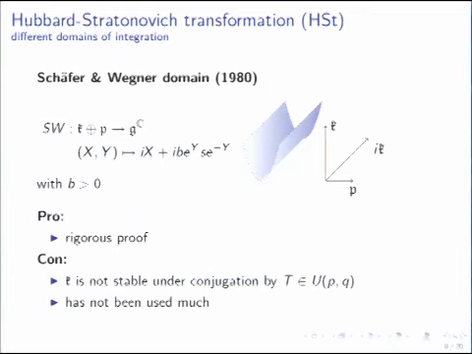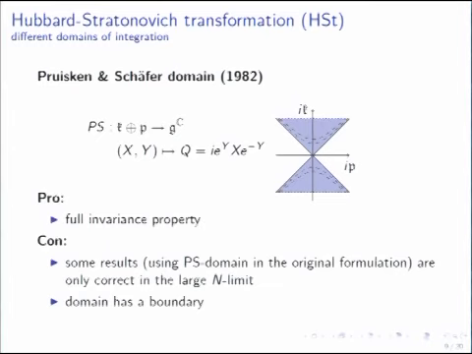But of course, this would be a solution to the problem. The alternative, which has been used much, was suggested two years later by Prätzken and Schäfer. So what did they propose? Take again this i times K direction, which is a good direction, and then directly conjugate with this off-diagonal Hermitian part.